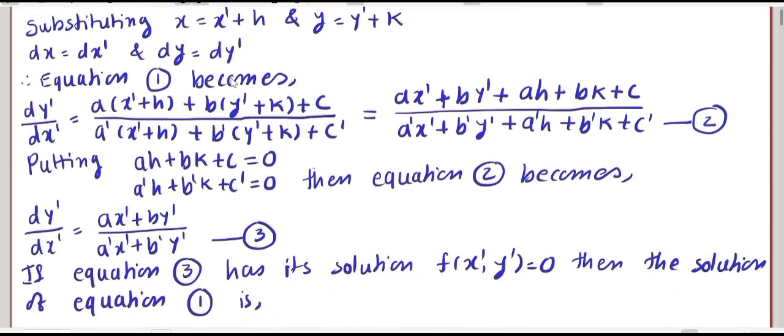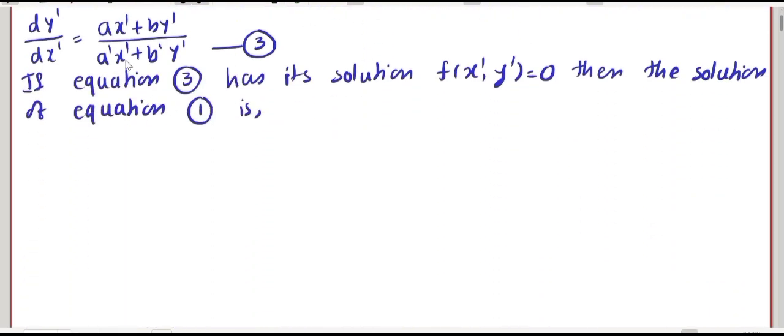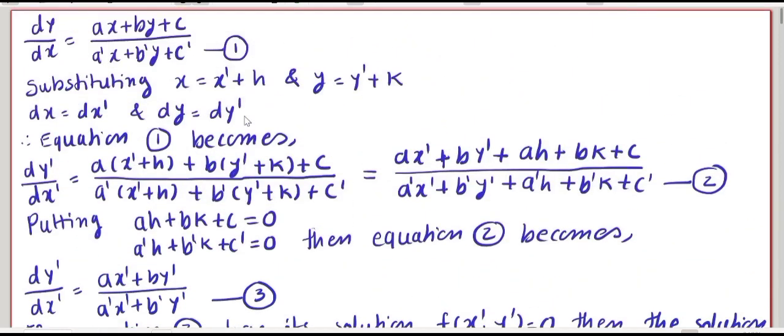We get f of (x minus h, y minus k) is equal to 0, since x dash is x minus h and y dash is y minus k.